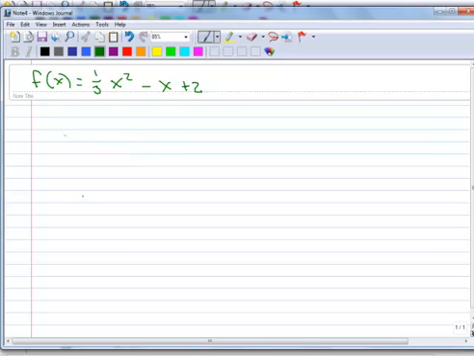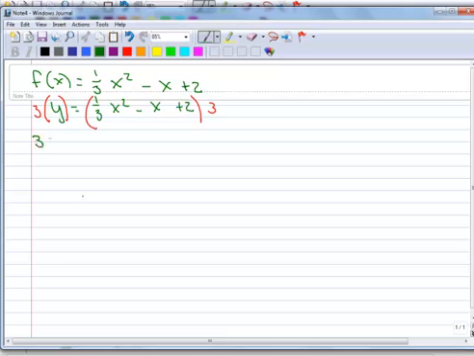So the first thing we want to do is change this course into y equals. And we've got to get rid of that 1/3, so we're going to divide by 1/3 or multiply through by 3. That means everybody gets multiplied through by 3.